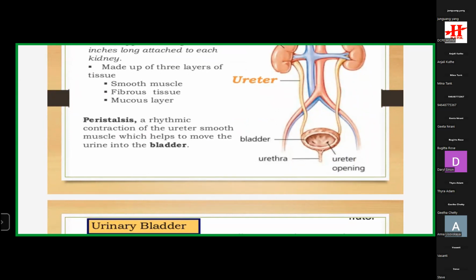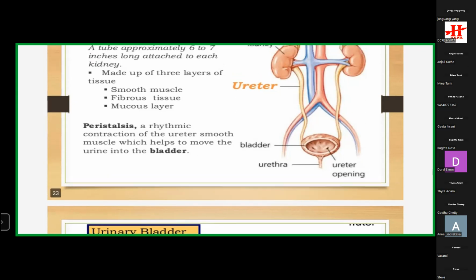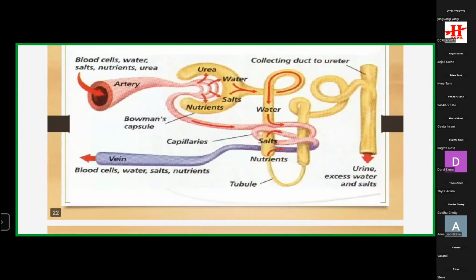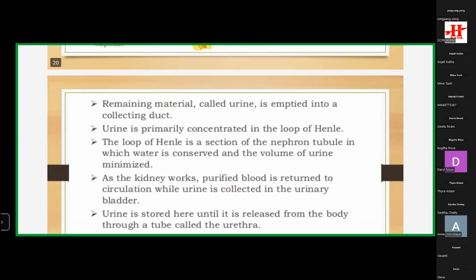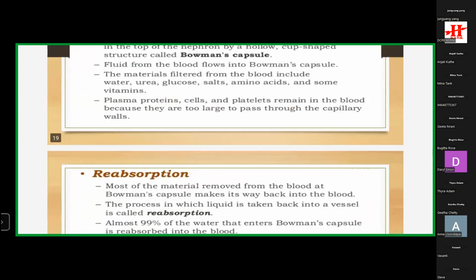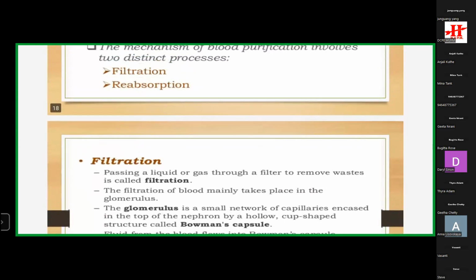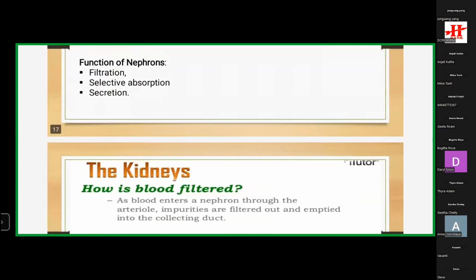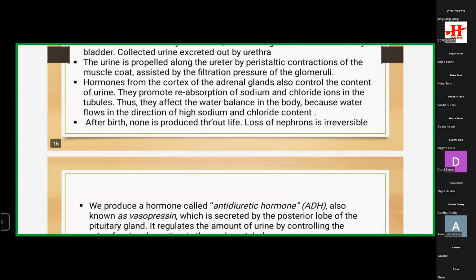So there is no slide here with me. I will share about the skin in detail in the next lecture, because here I do not have any slide with me.